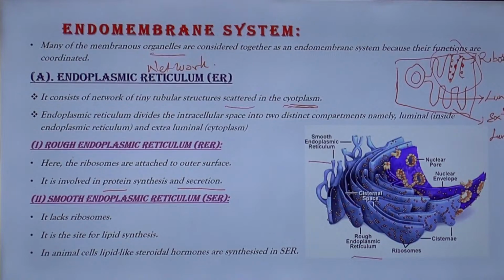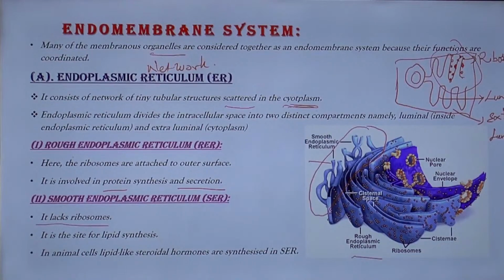Next, the smooth endoplasmic reticulum lacks ribosomes. If ribosomes are present, it is rough endoplasmic reticulum; without ribosomes, it is called smooth endoplasmic reticulum.